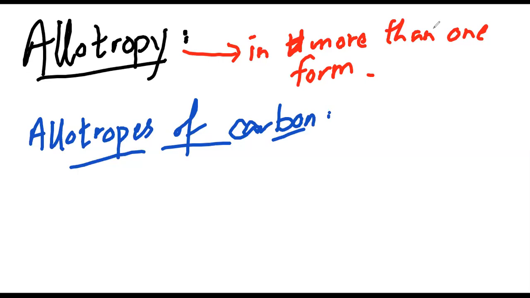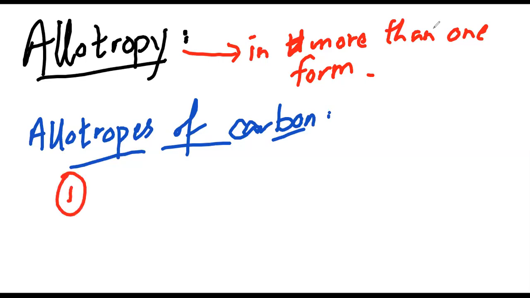And why is that so? Why are physical properties not similar? Because the arrangement of atoms in the lattice structure changes, so the physical properties do not remain the same. So I'm writing the allotropes of carbon. Carbon basically exists in two allotropic forms.